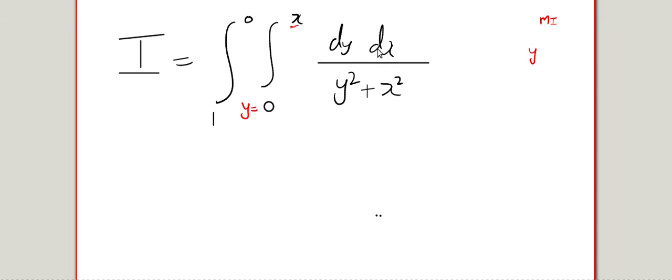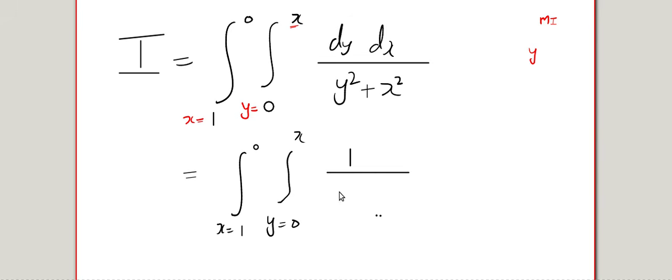And of course there are only two variables, so obviously the outer limit belongs to x. And the order is good because inner limit is y, means it will be dy and then dx. Now I'll rearrange this a little bit so that we get advantage in integration.